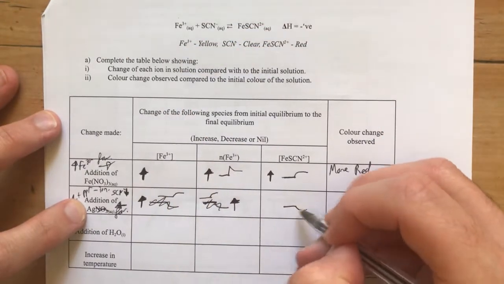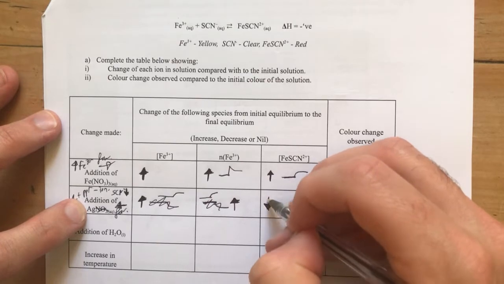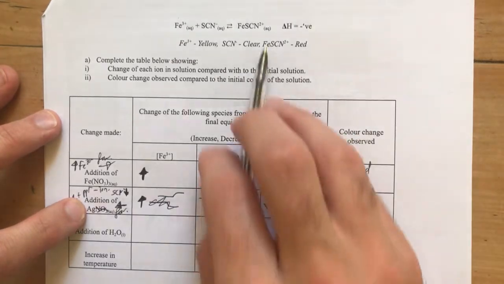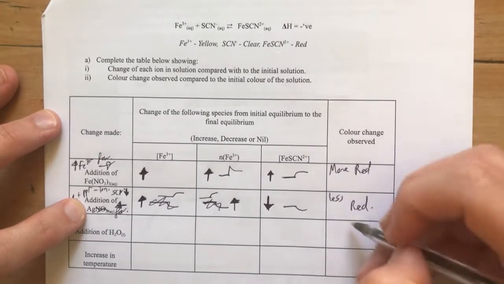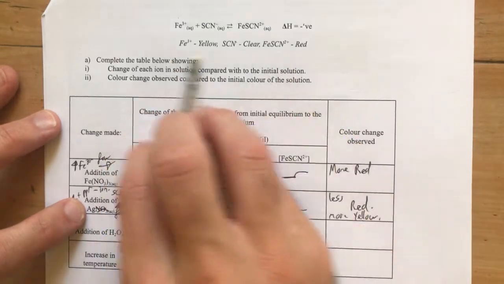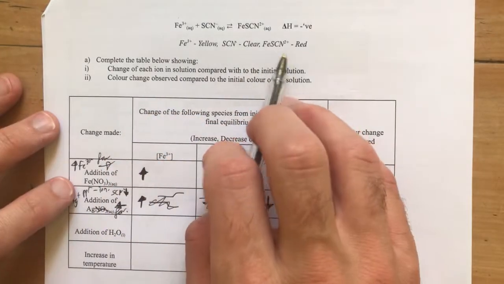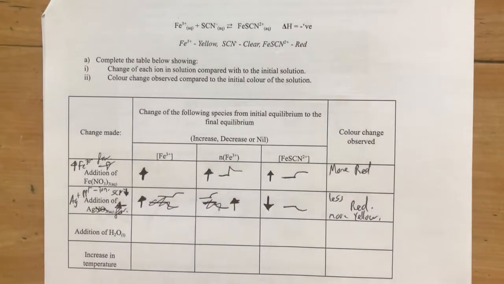This starts to go down, so therefore, in comparison, my concentration of my iron thiocyanate goes down. What does that mean? It becomes less red. You could say more yellow, technically. But if you think about it, red and yellow, red's going to take over, so therefore you're going to be talking about a reddish colour there.